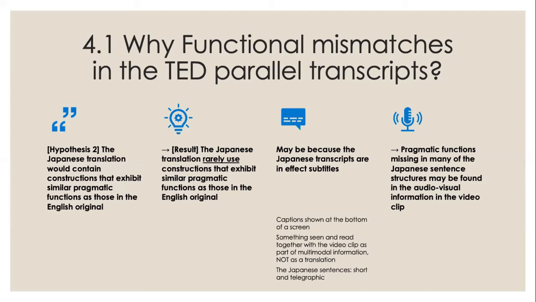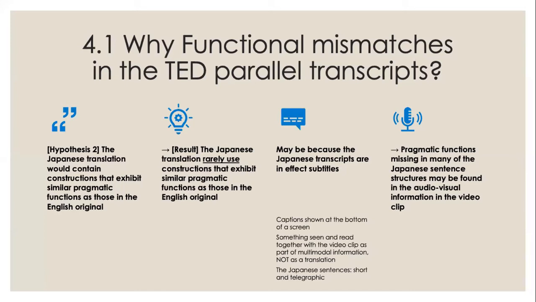While the English version is an actual transcript of the presentation, the Japanese version is, sorry, primarily a set of subtitles. That is, captions displayed at the bottom of a screen that translate the English transcript.